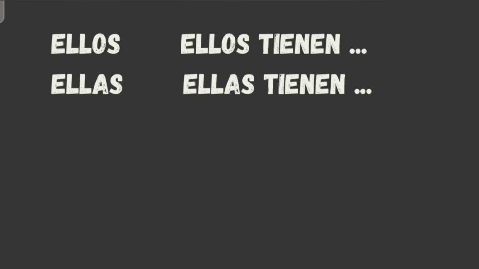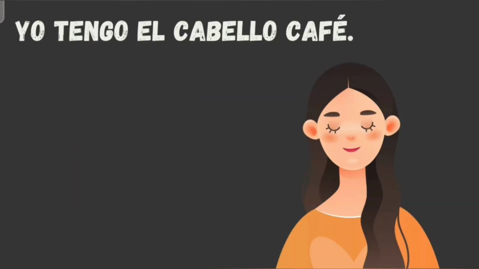Now let's see some examples with each personal pronoun, okay? Here we have this sentence. I have brown hair, okay? I have brown hair. We have to say, yo tengo el cabello café in Spanish, okay?